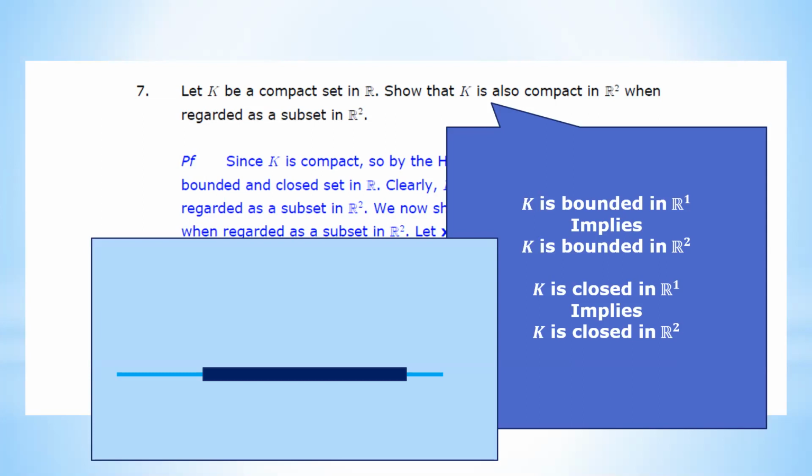Now suppose you have a point away from the set, as a subset in R2. This point has to be either on the axis but away from this K set, or away from the x-axis. In both cases, you can separate it from the set K by a small ball.